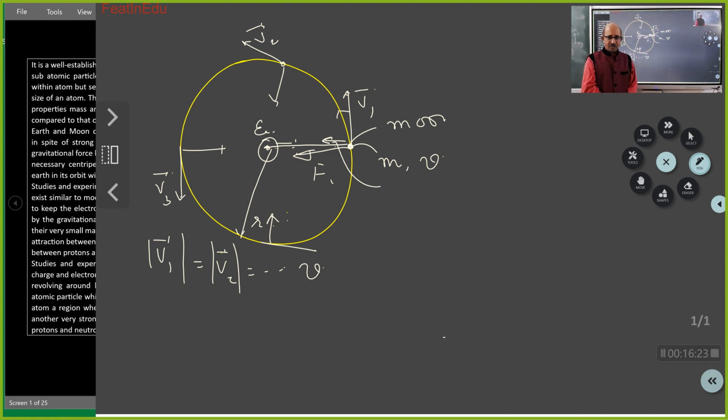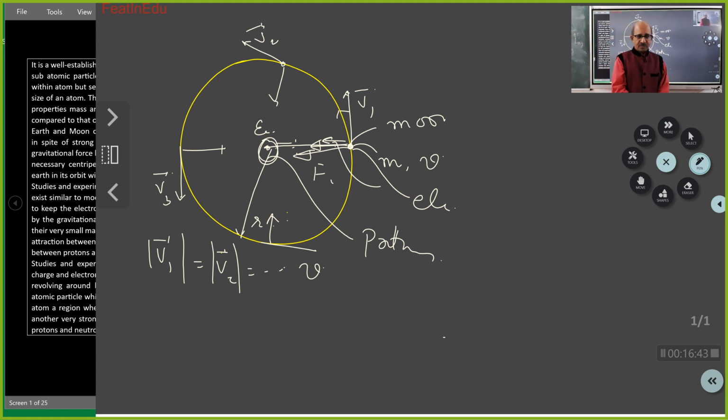Now, in the case of the atom, there are protons and there is an electron. The agency that is supplying the necessary centripetal force will be Coulombic forces.